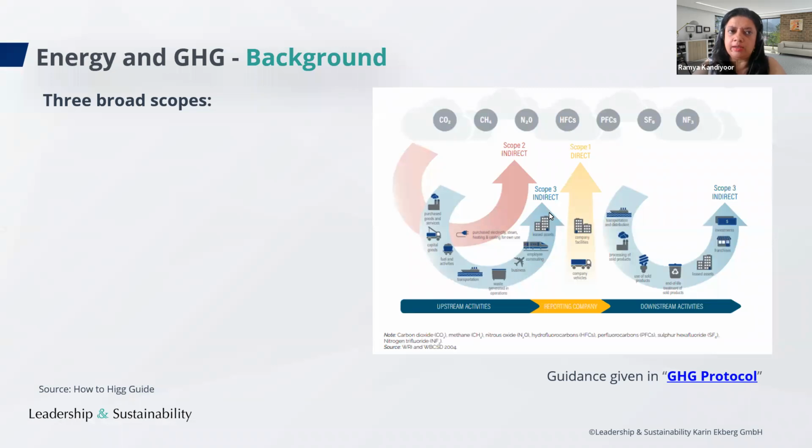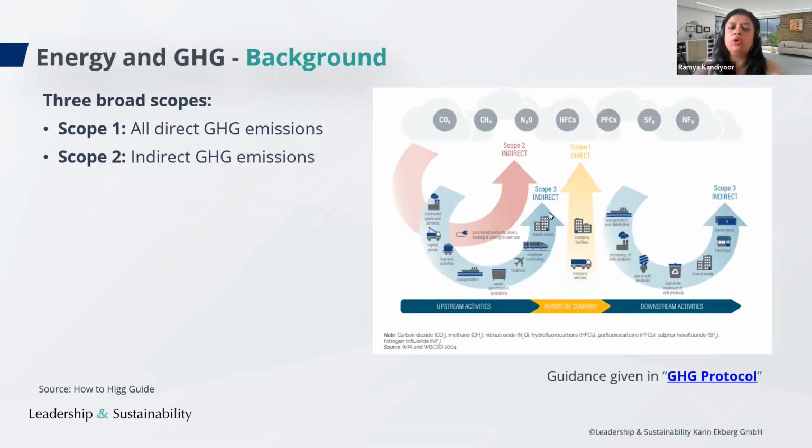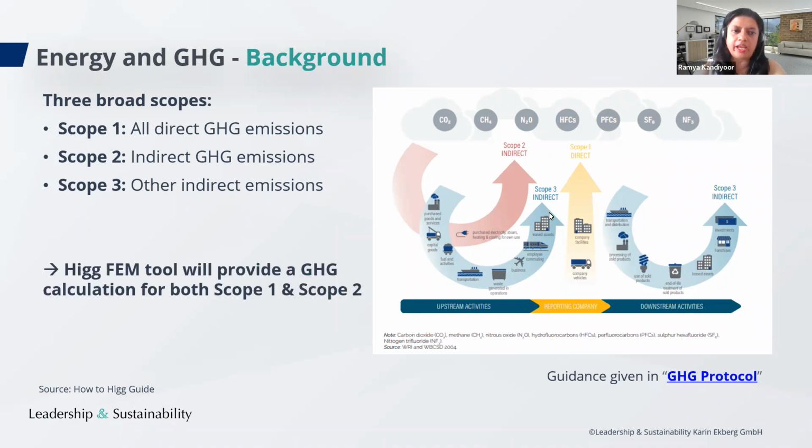So essentially, there are three broad scopes: your scope 1, which is all of your direct GHG emissions; your scope 2, which is all of your indirect GHG emissions; and scope 3, which are the other indirect emissions. So the Higg FEM tool will provide a GHG calculation for both your scope 1 and scope 2 emissions on the platform.